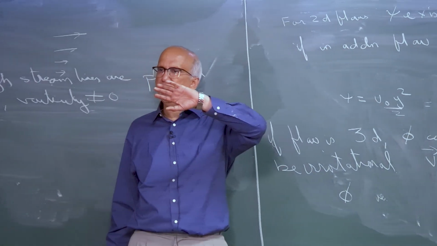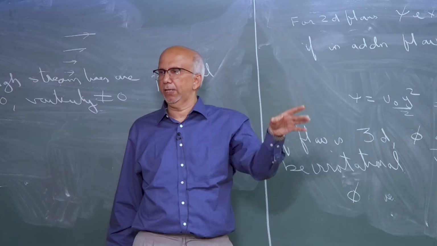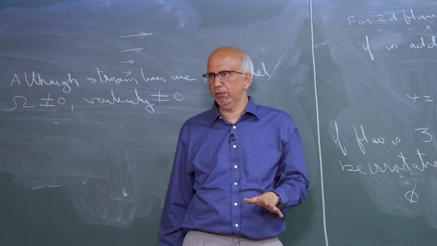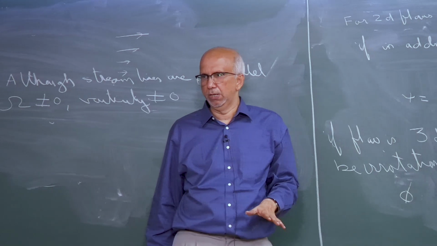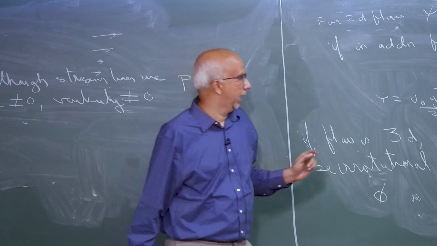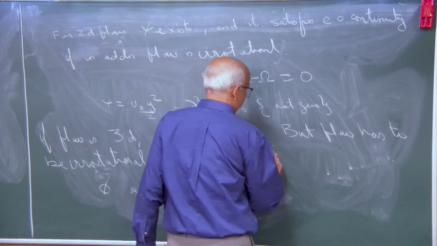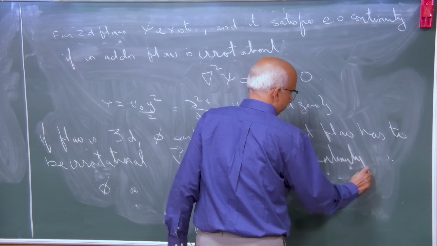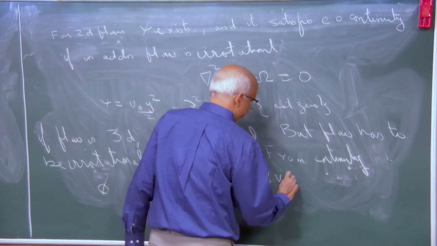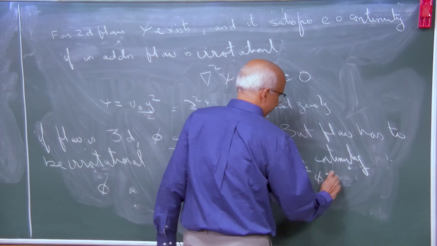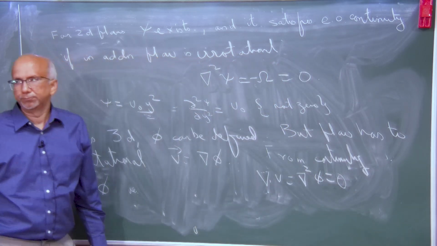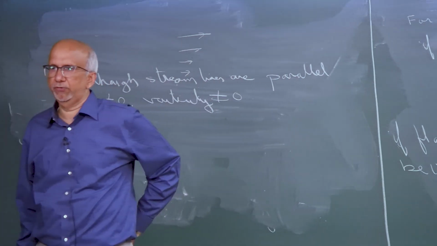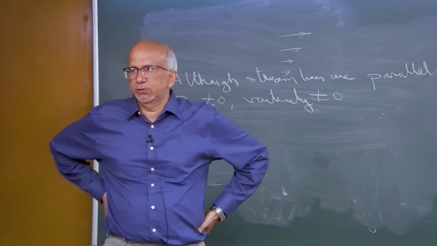So, if I have 3-dimensional flows, and if it is irrotational, I can define a potential function. Velocity is equal to gradient of phi, and from continuity, divergence of V equals del square phi equals 0. V must satisfy the continuity equation, V is gradient of phi. So, phi has to satisfy the Laplace equation.